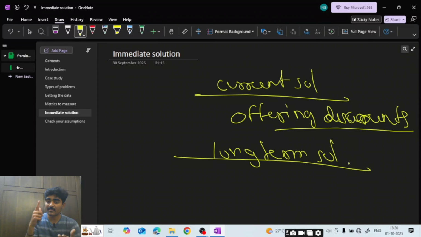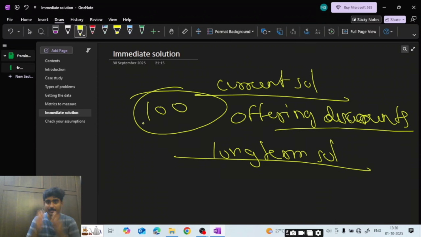Why I don't call adding local content a current or immediate solution is because in Telugu we'll have some 20 movies. Let's say we want to add 100 movies per day.